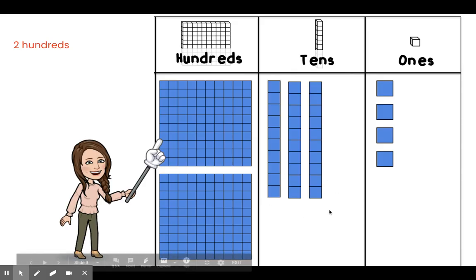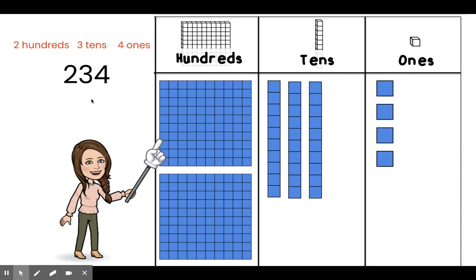How many tens do you see? 3. There are 3 tens. And how many ones? 4. 4 ones. We could say that we have 2 hundreds, 3 tens, and 4 ones. What is the number represented by 2 hundreds, 3 tens, and 4 ones?